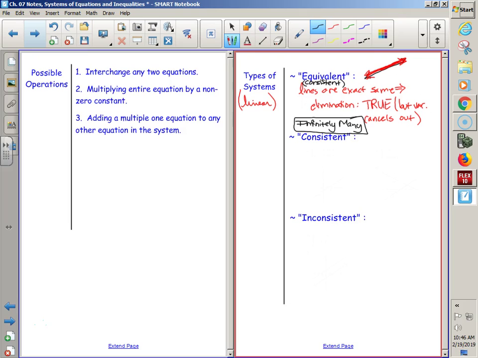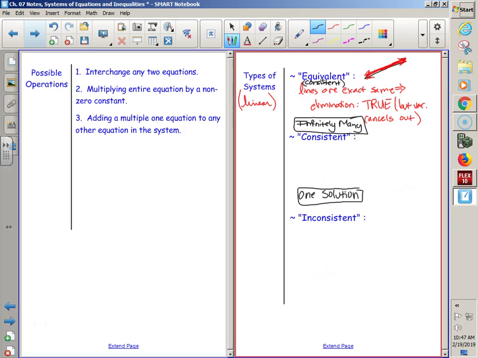The variable cancels out, and technically both cancel out. Both go away. Okay, consistent. Also has solutions, but this one will be finitely many solutions. If we're talking about lines, though, there's only going to be one solution on this one. But if it's more than one, it's going to be equivalent. That's the best adjective. So when Joe said at least one solution, he's totally right.